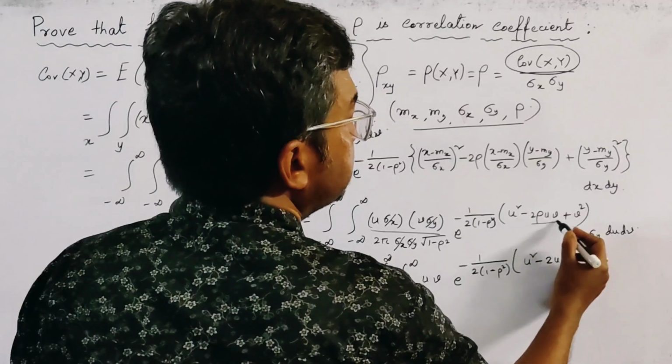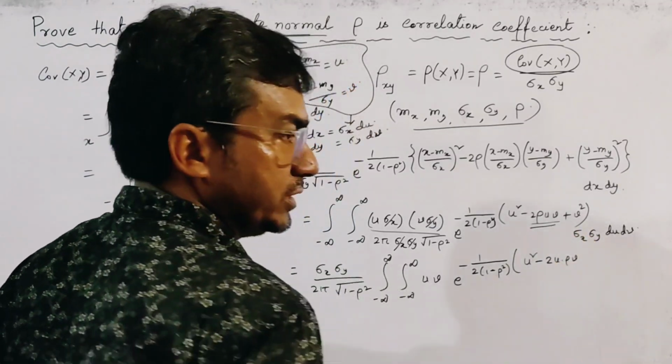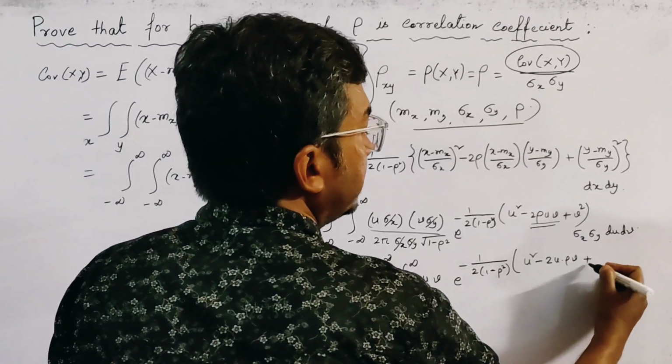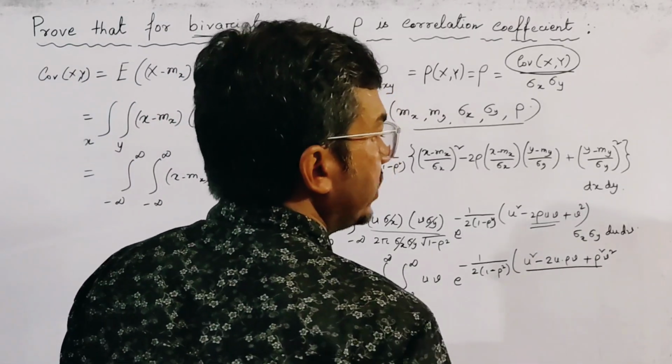So we first write u and then rho v, and we add here rho square v square to make it a perfect square.